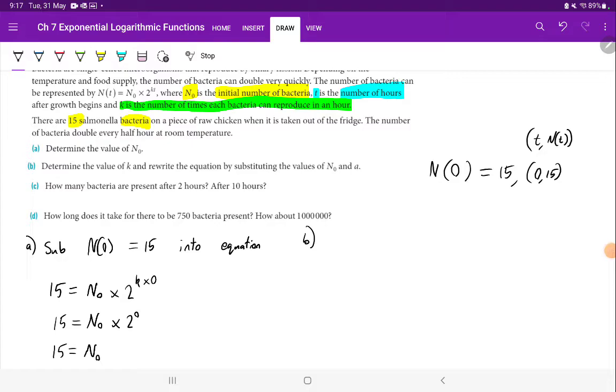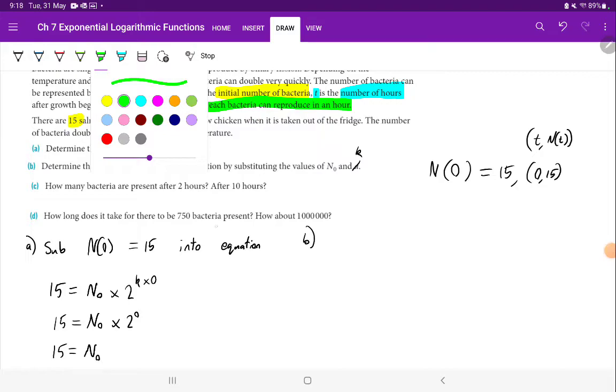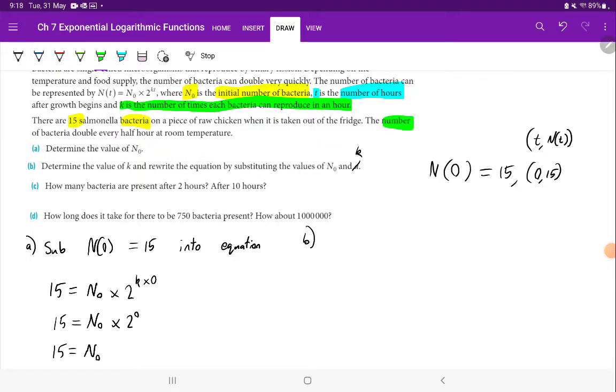Determine the value of k and rewrite the equation by substituting the values of N naught and a. I believe this is meant to be k, since there is no a value. So it tells us that k is the number of times each bacteria can reproduce in an hour. And then down here it tells us that the number of bacteria double every half an hour.